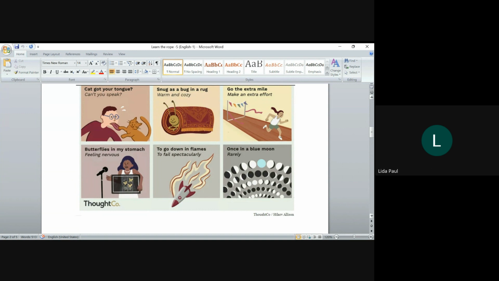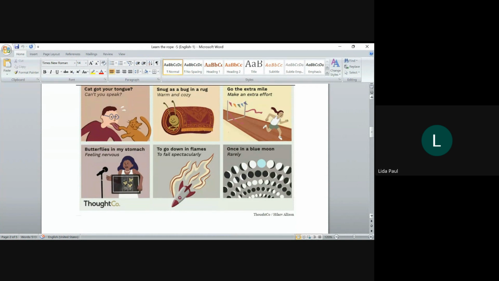And how about this one? Go the extra mile. Yes, ma'am, but in some movies. To go the extra mile means to do that extra thing that is required, make that additional effort to get something done.